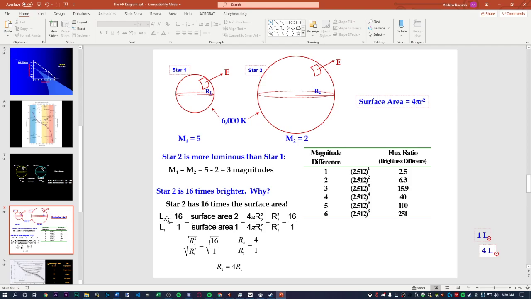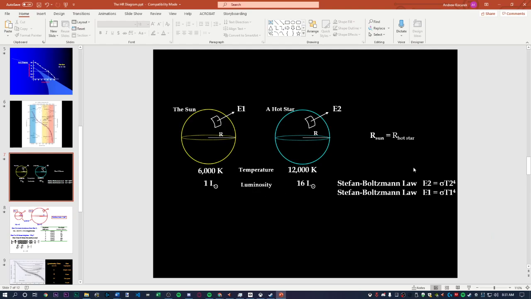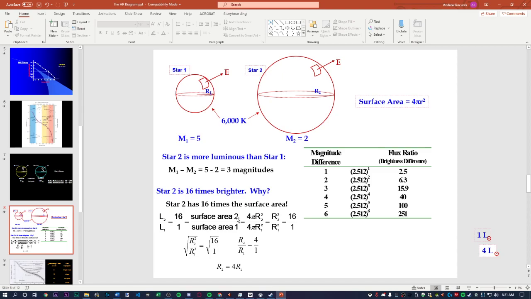So what they're doing here is they're equating luminosity with surface area, which is fine, because they're both the same temperature. So it's actually the surface area times Stefan Boltzmann law, which we went over here. Sigma times temperature, but those cancel out because they're the same temperature here. So what we're essentially left with, if we have the same temperature star, but they're both bigger or smaller, it's 4 pi times the radius of that star squared.